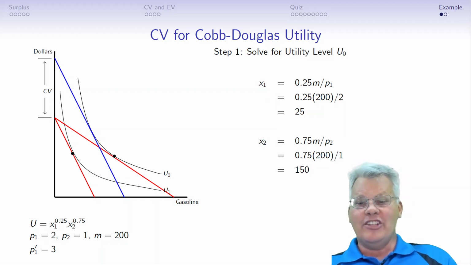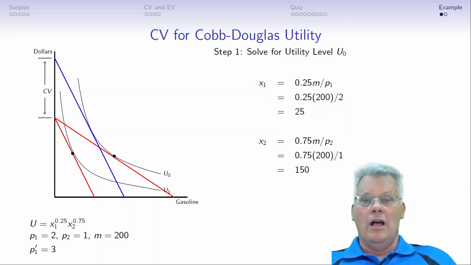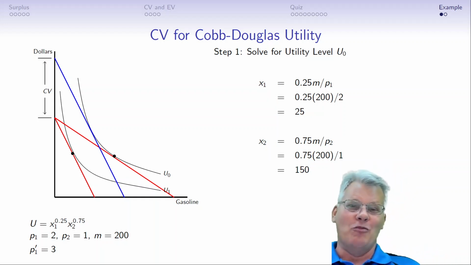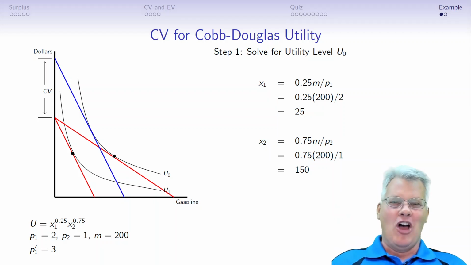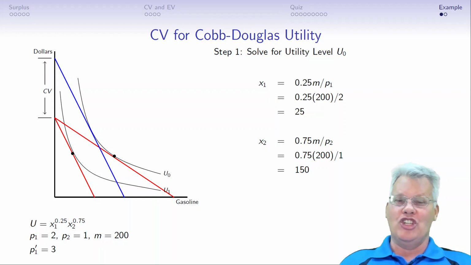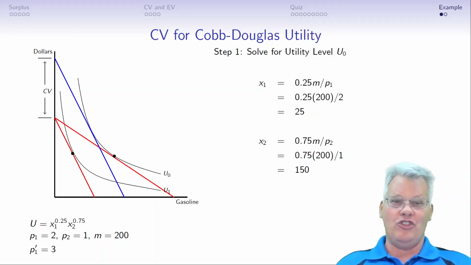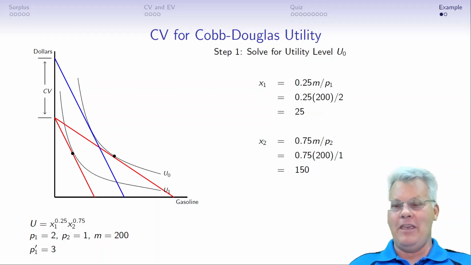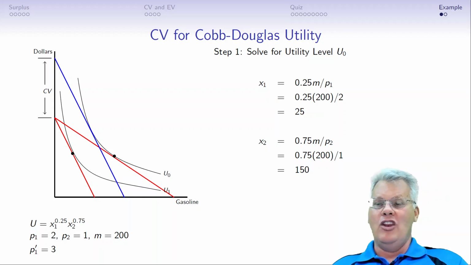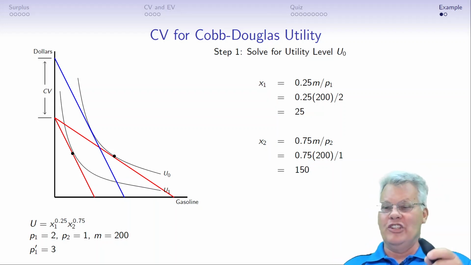What I've done here is I've been a little more mechanical in my computations. I've given you the demand function for x1. It's 0.25 m divided by p1. Or if you wanted to just reason through this at a higher level, I know that this consumer is going to spend 25% of their budget on good 1.